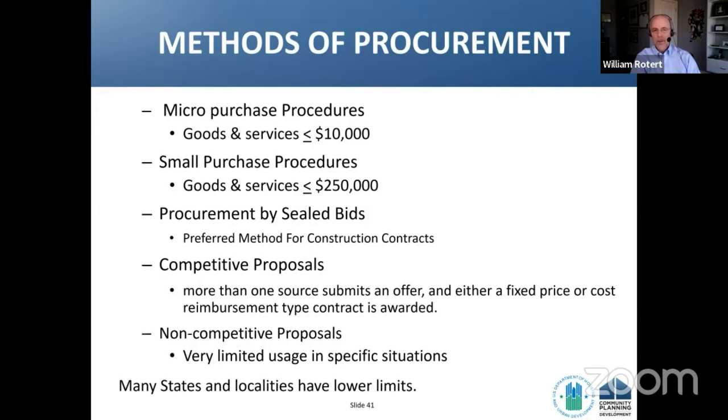You cannot follow rules that are more lenient than the federal requirements. So if you want to set a dollar figure that's less than 10,000 for micro purchases, or less than 250,000 for small purchases, be aware that you can do so. That's permitted. Okay, any comments about this so far on procurement?